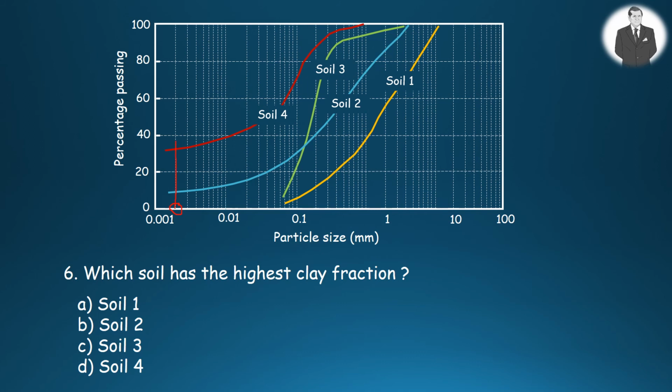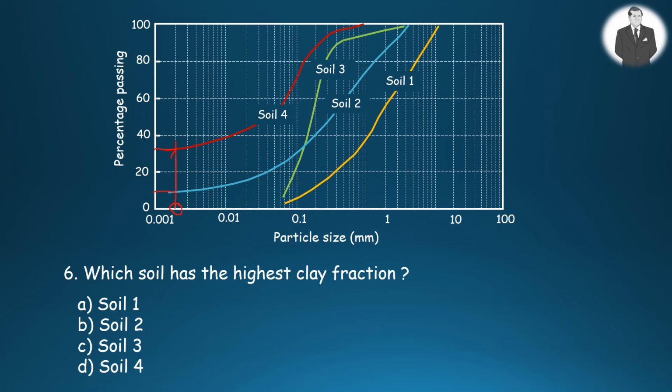The curves for soil 3 and soil 1 are excluded because they fail to reach this point. Projections of the intersection points of these curves on the vertical axis will give us the percentage passing for each one.